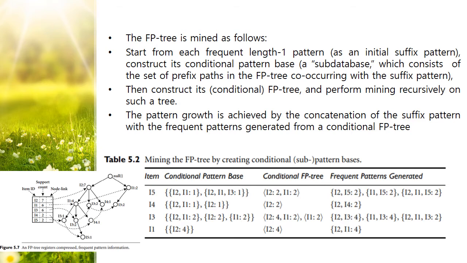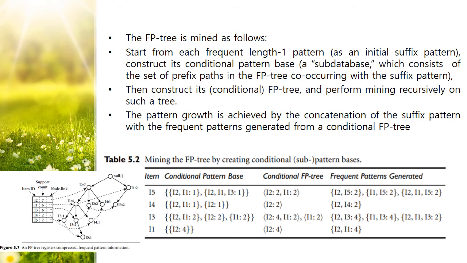So these are the steps involved in finding the frequent patterns using the FP tree. We have seen an FP tree in the previous slide, and based on the node links, we generated the conditional pattern base first, then the conditional FP tree, and finally the frequent patterns.